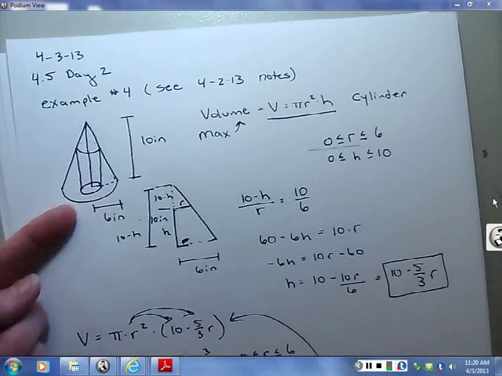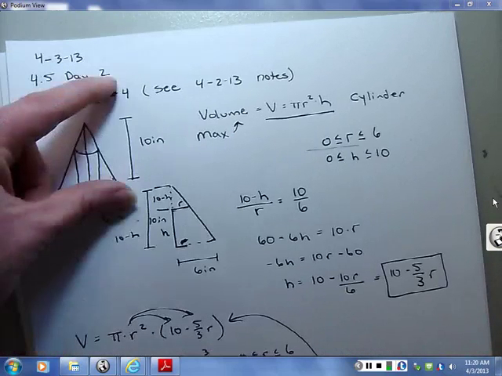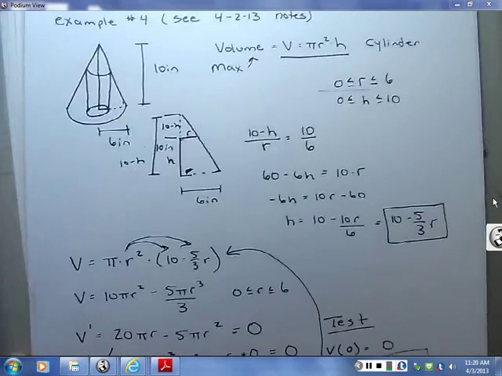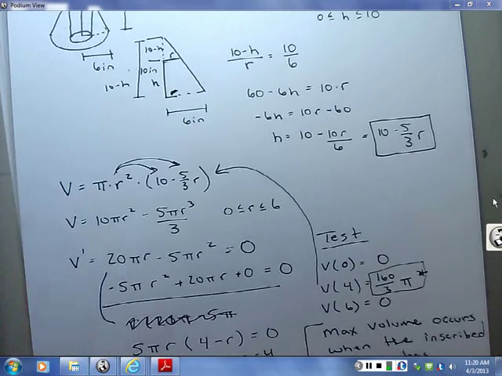For a different height and radius, your problem is going to be a little bit different, but the method of doing it is the same. You find the formula for volume, so volume is pi r squared times h for a circular cylinder.